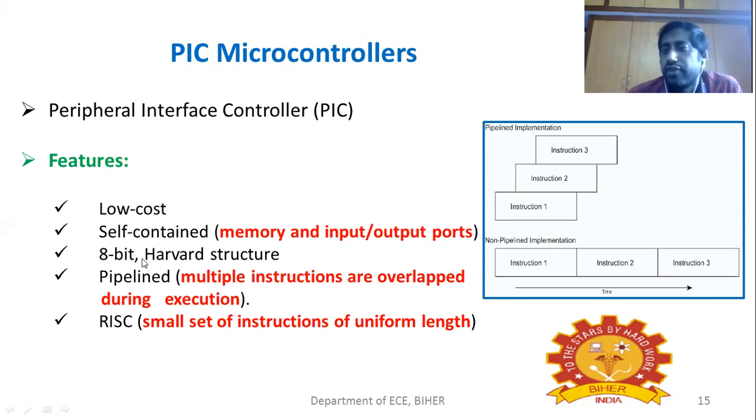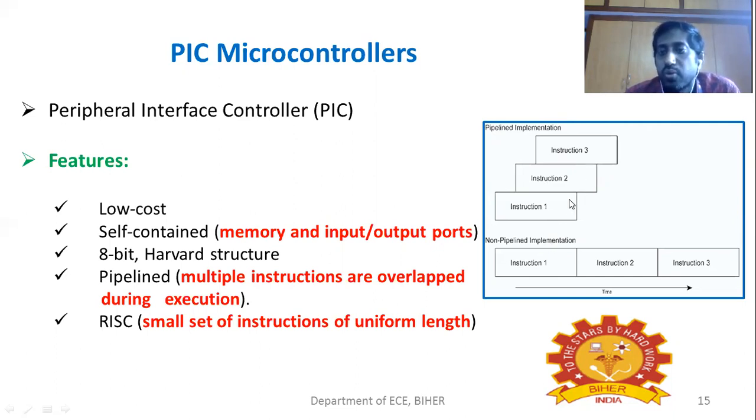And then it follows an 8-bit Harvard architecture. We already discussed the Harvard architecture. And then it is pipelined. The advantage of pipelining is that multiple instructions can be overlapped during execution. Here on the right hand side, we can see the pipelined implementation and a non-pipelined implementation.